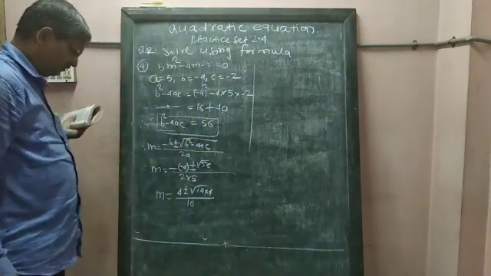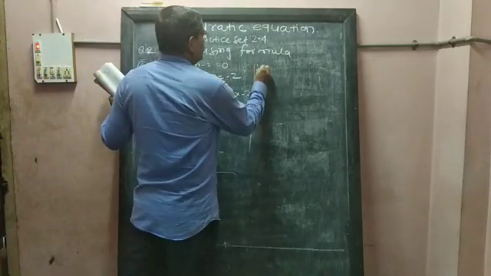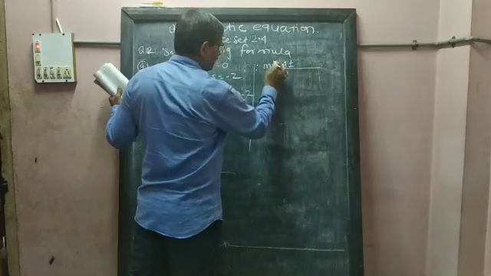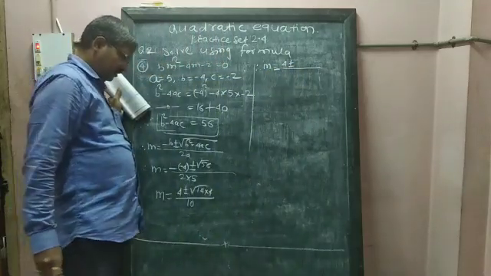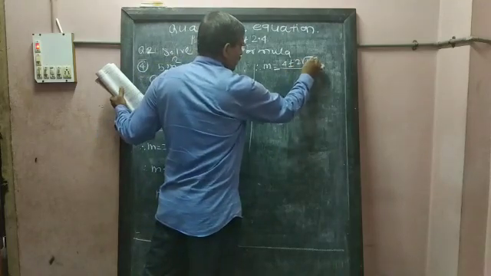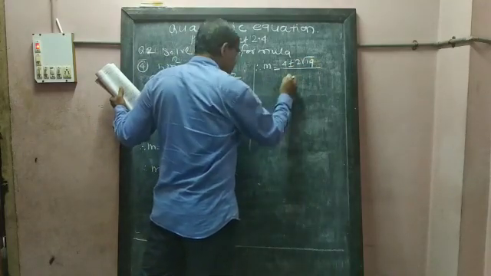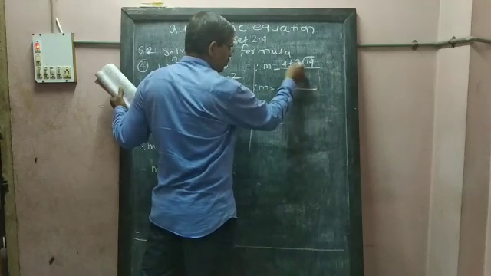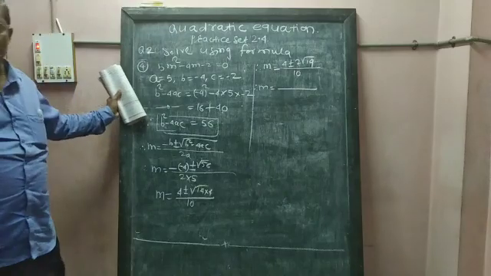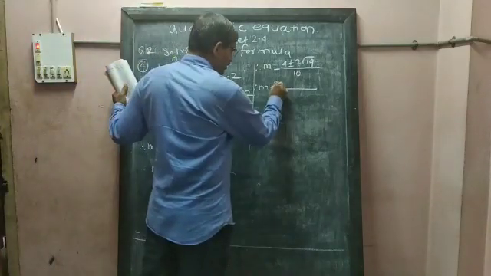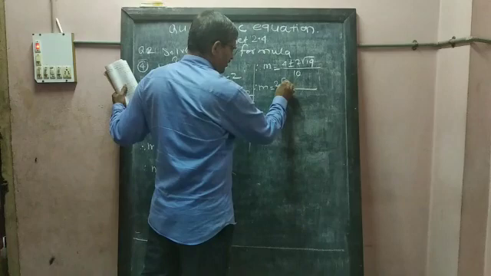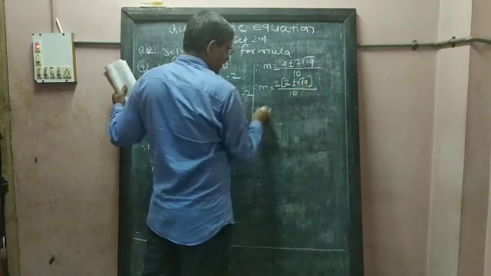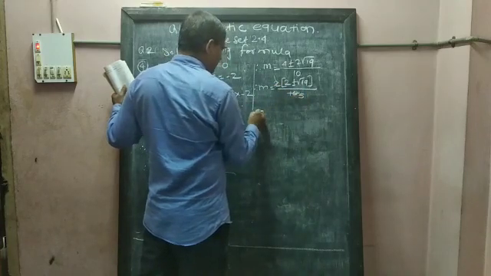Now let me take here m is equal to 4 plus minus 2 under root 14 upon 10. Therefore here is one more simple method. Here 2 and 4 are in the same table, so you should take 2 as a common number. If 2 is taken common, what remains in the bracket is 2 plus minus under root 14 upon 10. 2 1s are 2, 2 5s are 10.